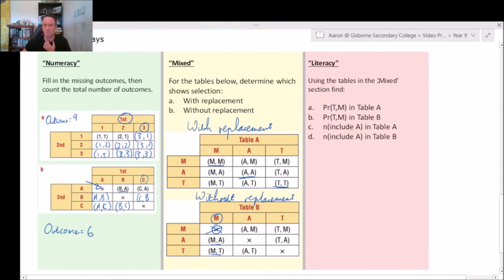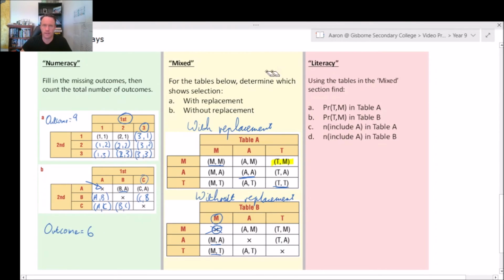Using the tables, we want to find out the probability of having TM drawn in table A. Right, so TM, we can see that exists here.